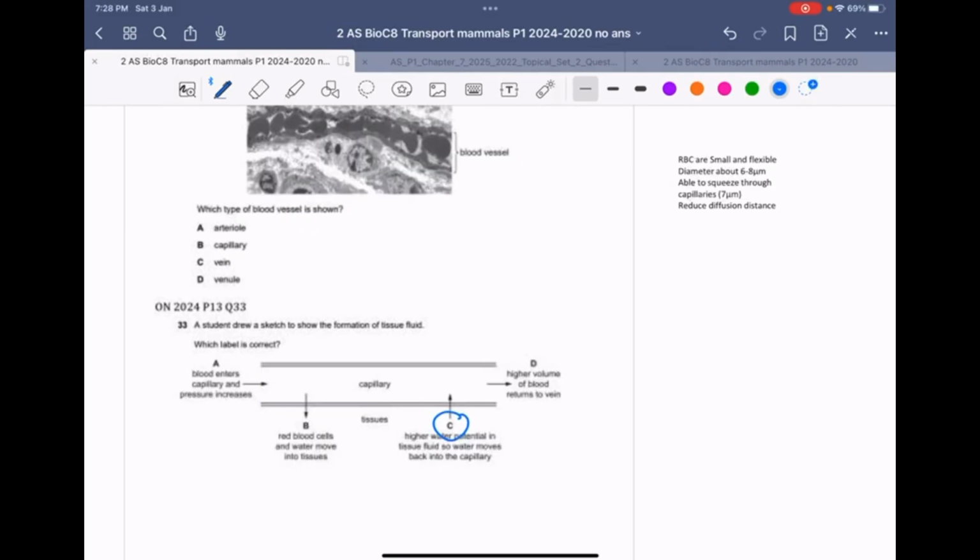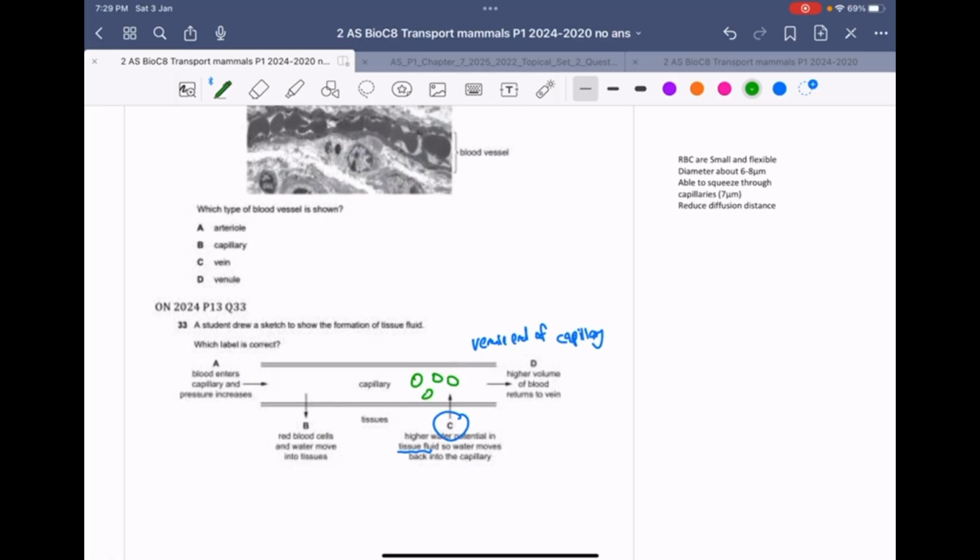So just remember that at the venule end of the capillary, the tissue fluid has a high water potential. It's because at the venule end of the capillary there are a lot of plasma proteins, and the plasma proteins are too large to go out to the tissue fluid.